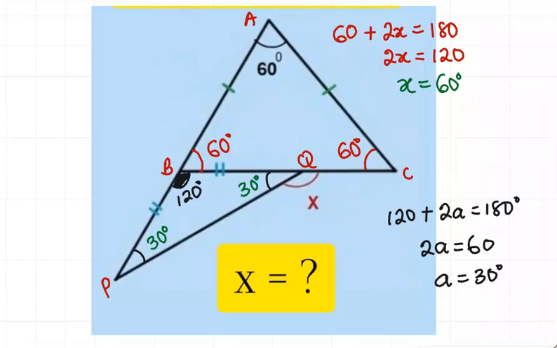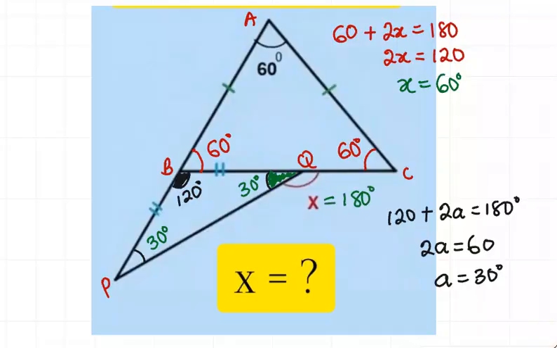So you have two ways of solving for the value of x. It's either you subtract 30 from 180, because line BC is a straight line, and the sum of angles on a straight line must equate to 180. So it implies that if part of it here is 30, the remaining part here, which is x, will give us what?